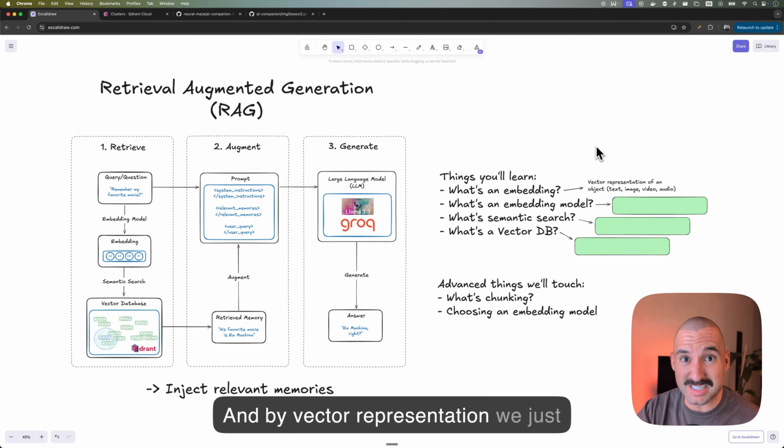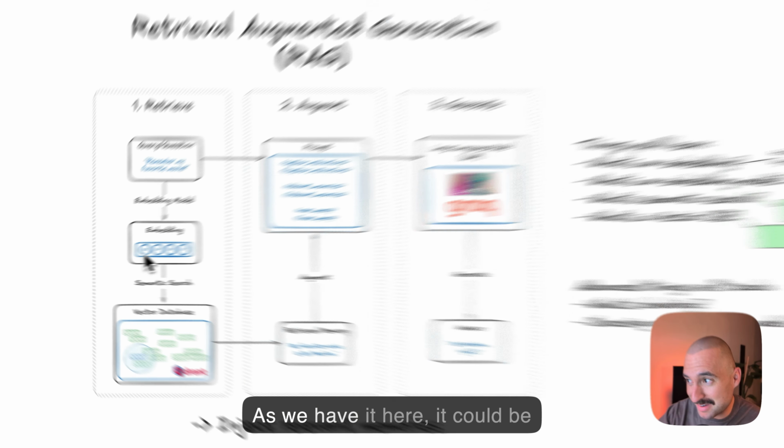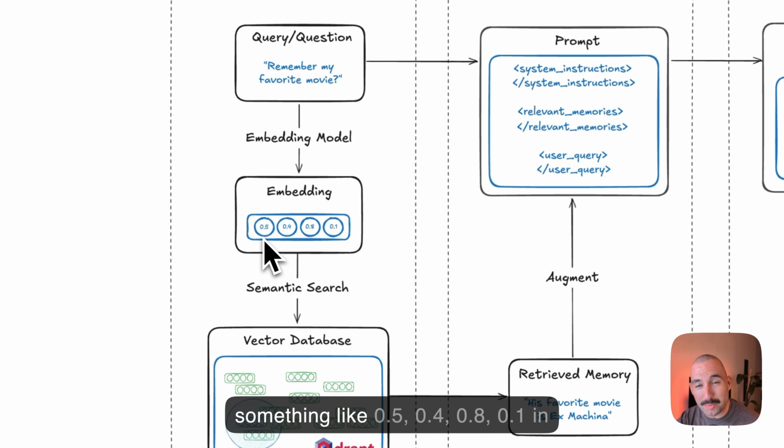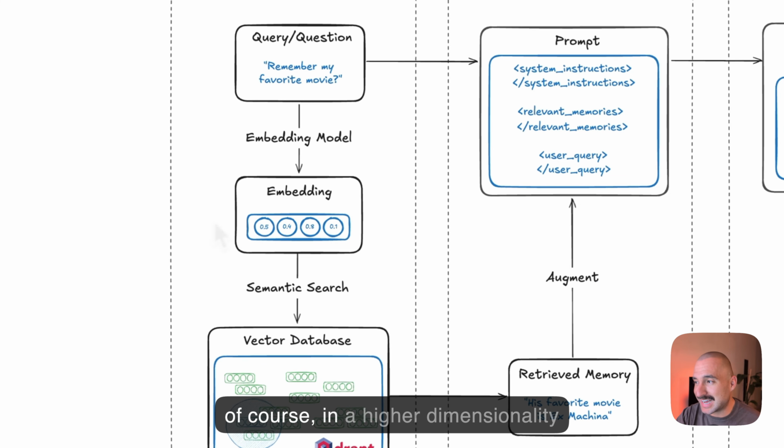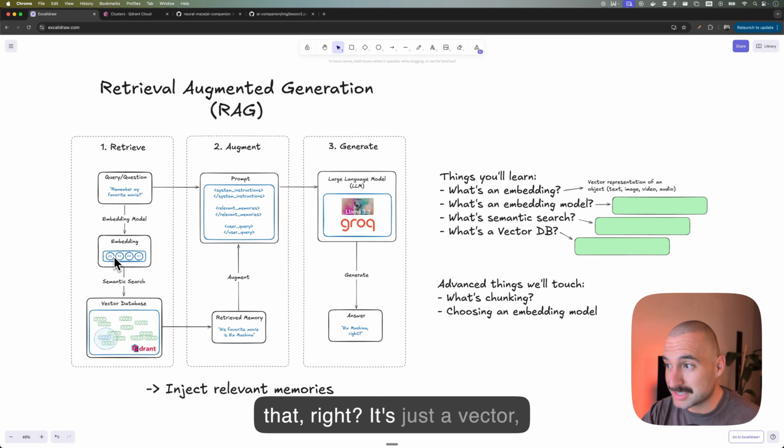And by vector representation, we just say numerical representation, right? As we have it here, it could be something like 0.5, 0.4, 0.8, 0.1. Usually, of course, in a higher dimensionality than just 4, but essentially it's just a numerical vector.